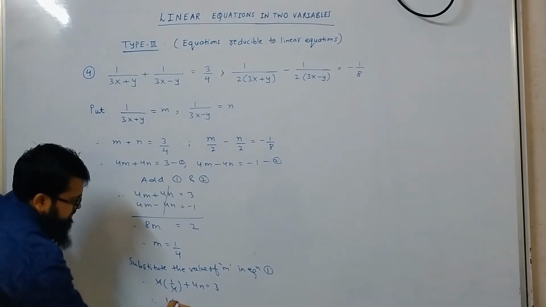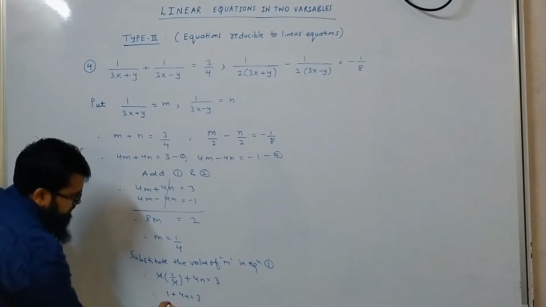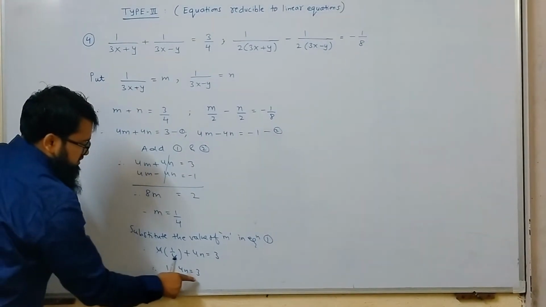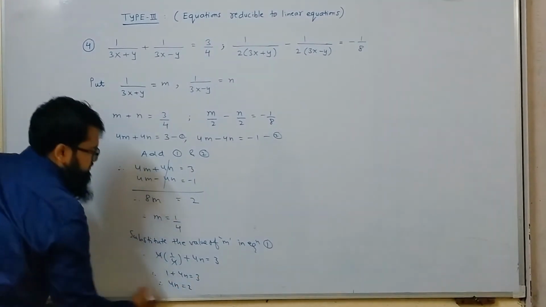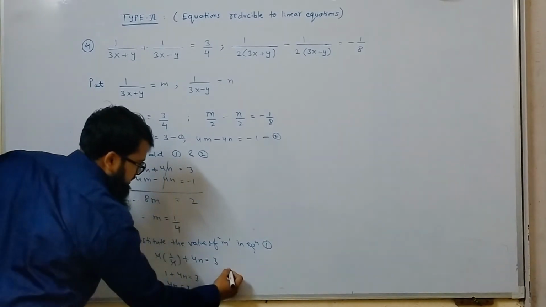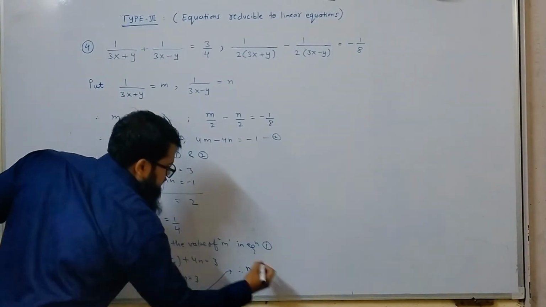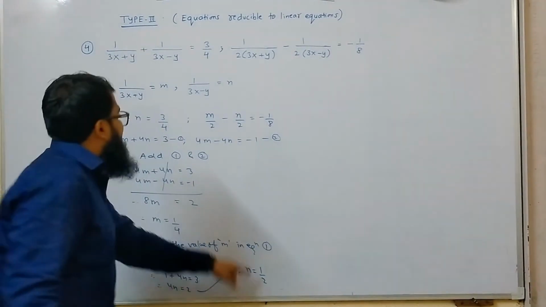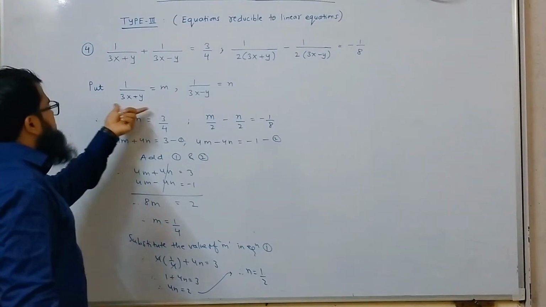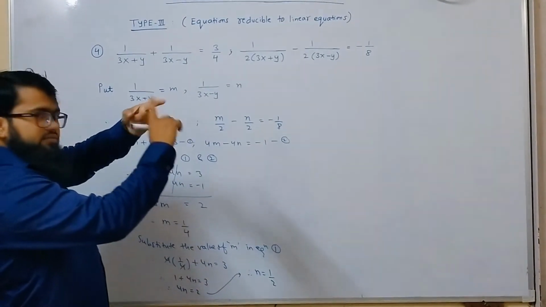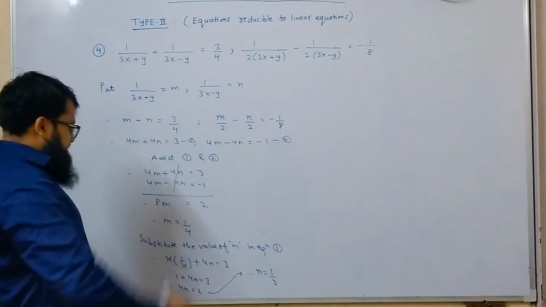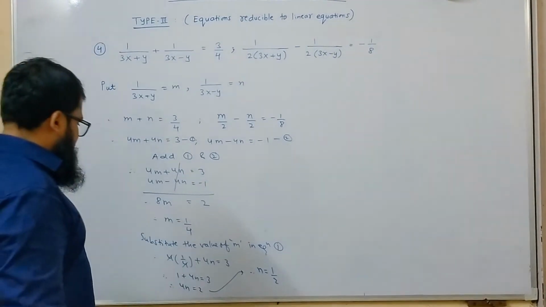Cancelling will give 4n equals 3 minus 1, which is 2. Therefore, n becomes 2 by 4, which is 1 by 2. You know m and n, you can calculate what is 3x plus y and 3x minus y, and then you can use linear equations concept and you can find the value of x and y.